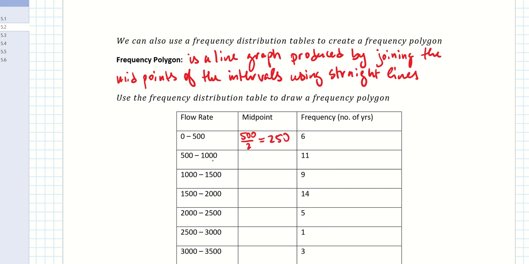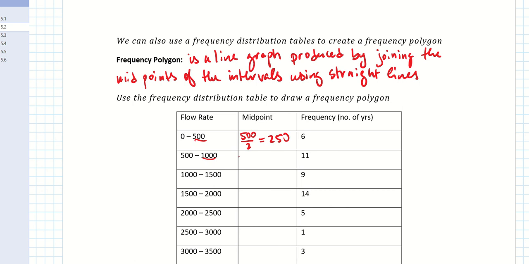Same thing here in the next one. You're going to take the higher value, your 1,000 divided by 2. But in this case, you have to add the previous value, right? Because if you just take 1,000 divided by 2, you're going to end up with 500. But that's not what we want here. We want to go from 250 to the next value. So you're going to divide the interval, which is 500 divided by 2, plus the value from before.